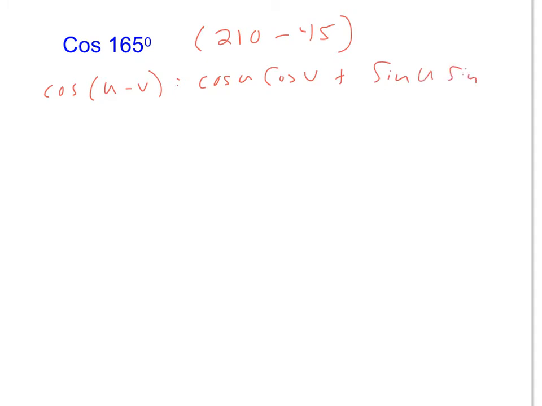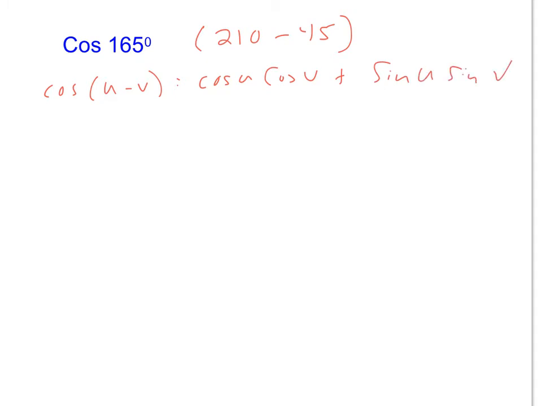I can also think of cosine of 165 as a difference. I can't find it without a calculator, but I can think of 165 as 210 minus 45. Notice that both 210 and 45 are special right triangles, so I can figure them out without a calculator. So I'm going to use my difference formula for cosine: cosine of u minus v is equal to cos u cos v plus sine u sine v.